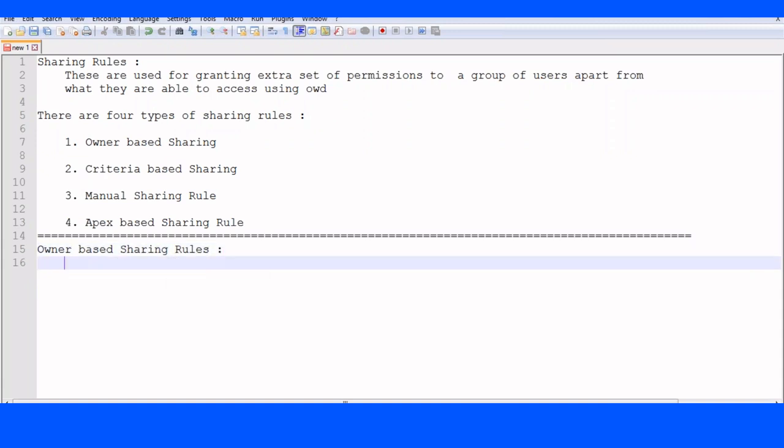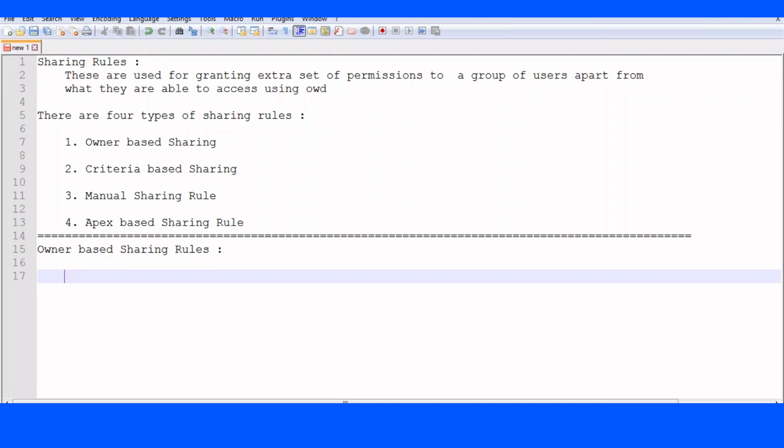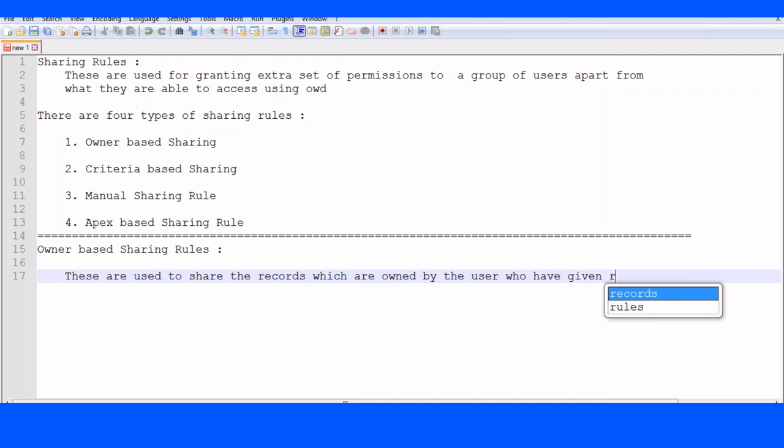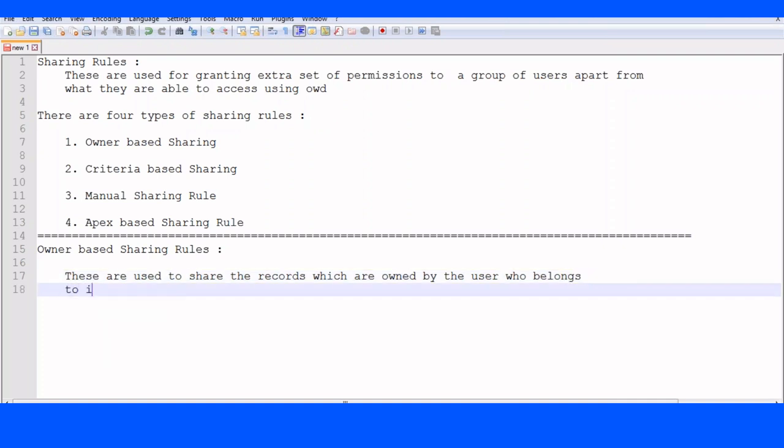Owner-based sharing. These are used to share the records which are owned by the users who belong to a given role, or role and subordinates, or public group.